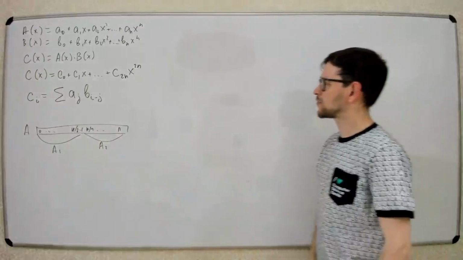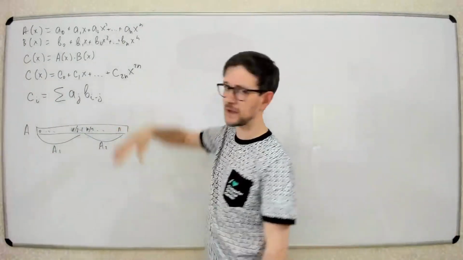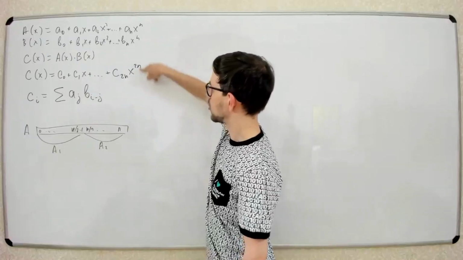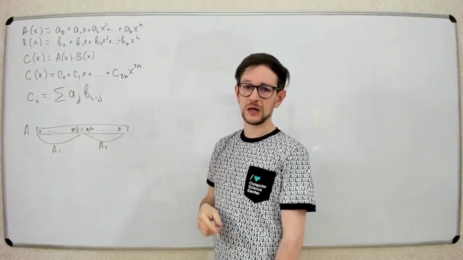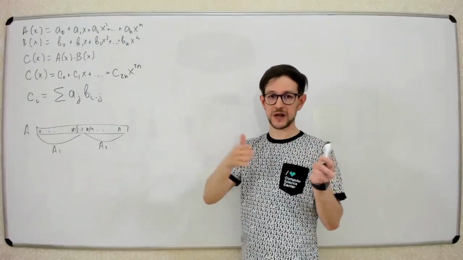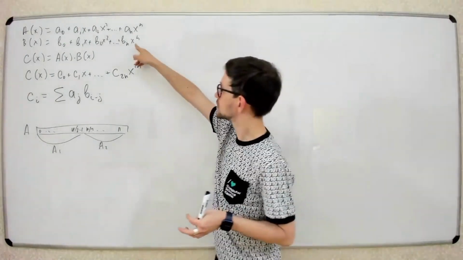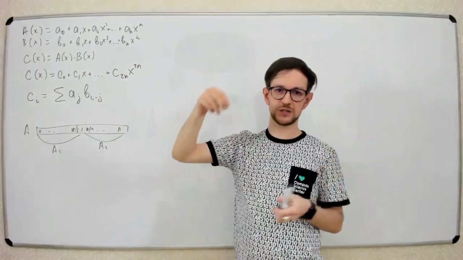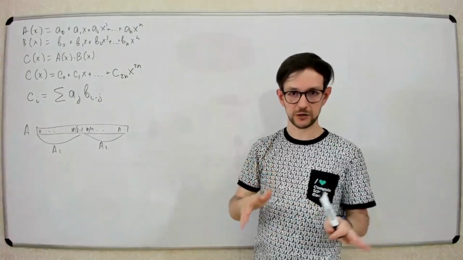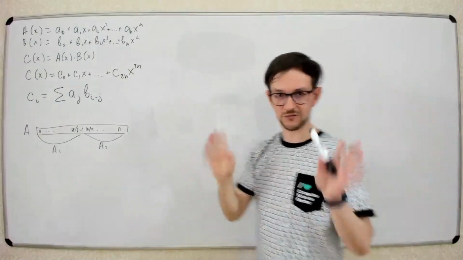First of all, I have 3 polynomials and they have different degrees. These 2 polynomials have degree n, and this polynomial has degree 2n. It's not very useful, so let's extend polynomials A and B to degree n by just adding 0 coefficients at the end. So all 3 polynomials have the same degree, and call this degree n, just for simplicity.